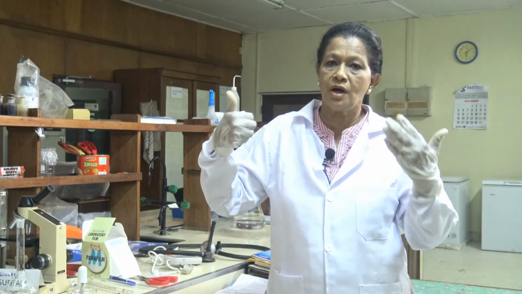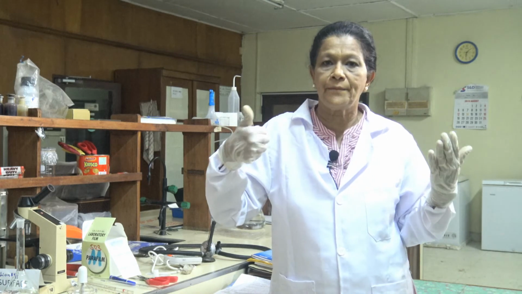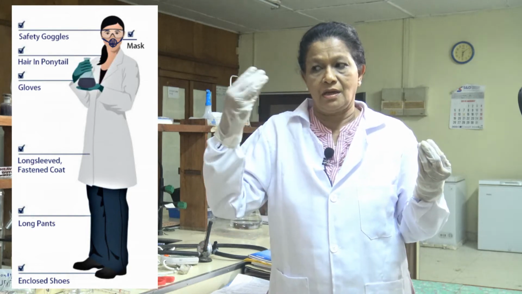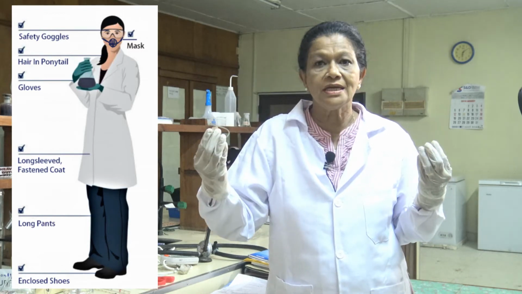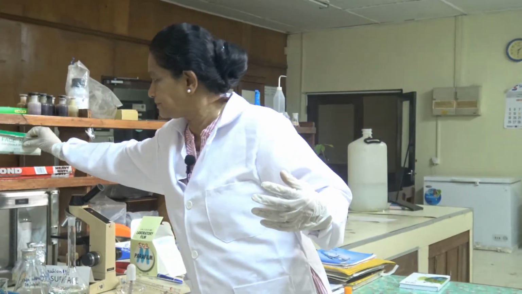A person who comes to the laboratory to work should wear personal protective equipments. This includes laboratory coat, gloves, and protective shoes. If you are working with volatile chemicals, you need to wear the mask and goggles as well.